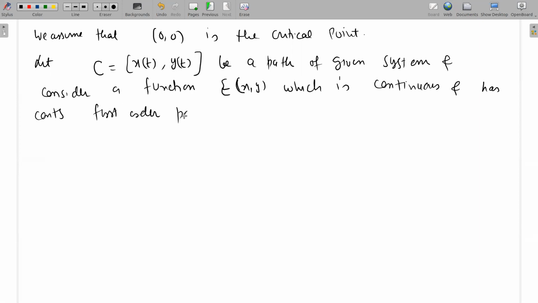First order partial derivatives on that path, जो भी path होगा, whatever path you have. So on that path, this function E is a continuously differentiable function.